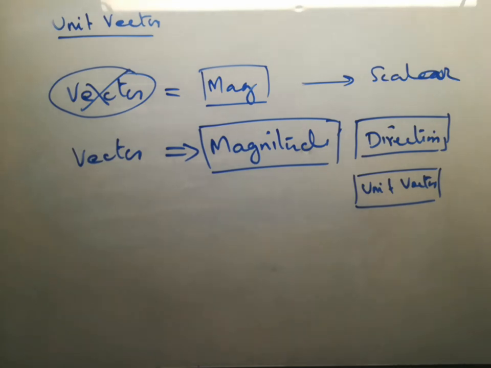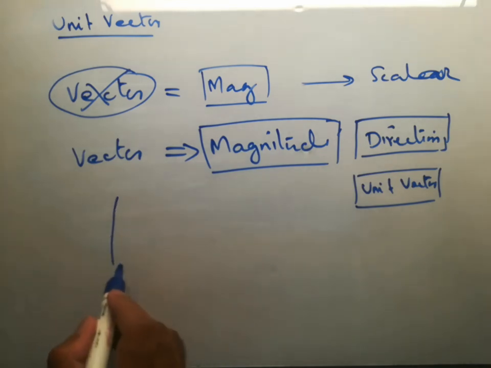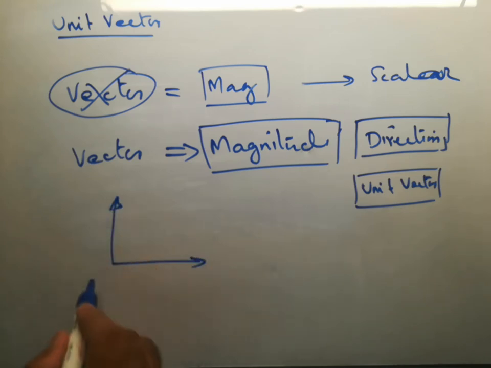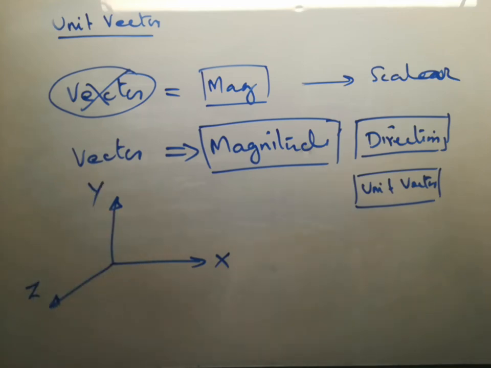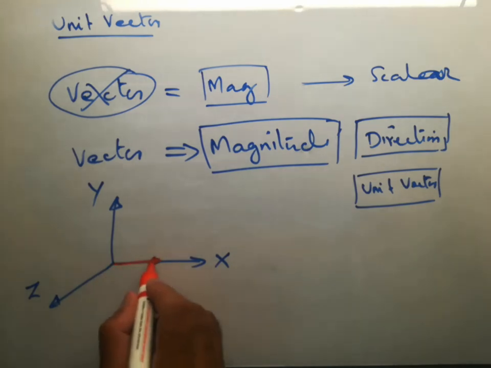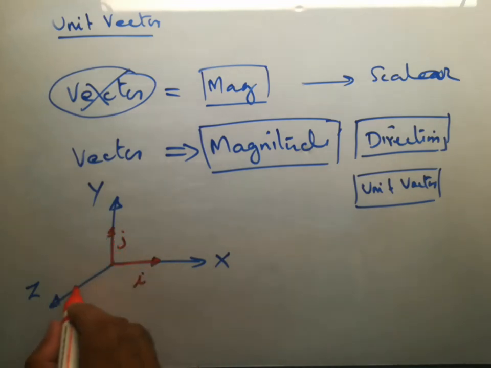If we consider a force in space, that is in 3D, then we will have to see, say, x, y, and z. Then the unit vectors are denoted as: along x it is i, along y it is j, along z it is k.